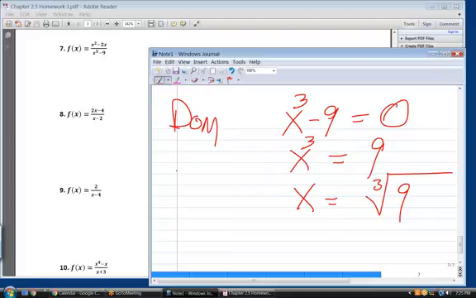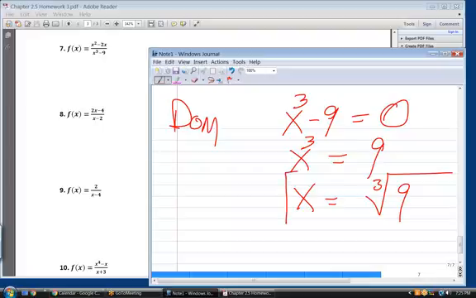So what's the vertical asymptote? The vertical asymptote would be the cube root of 9. That's it. x equals that.